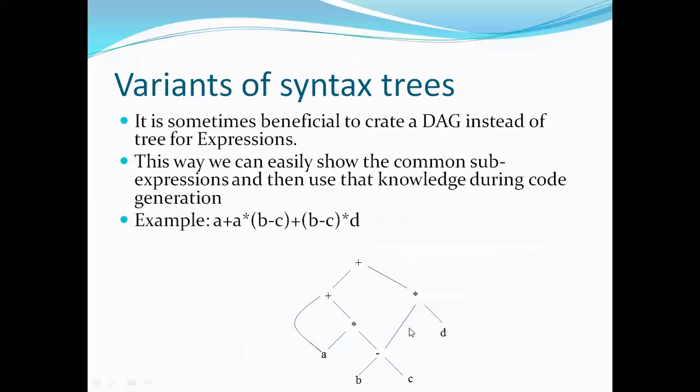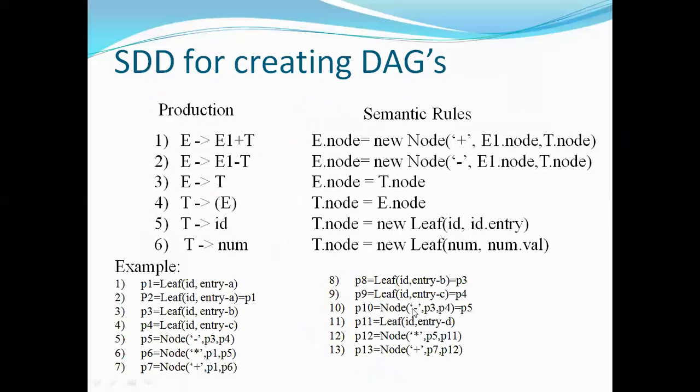And what is P11? P11 is now at the right hand side part, where B minus C is completed. What remains? Star D remains. This B minus C is already stored in P5. Right. So now I am writing for the D. Leaf, D is again an identifier, right?